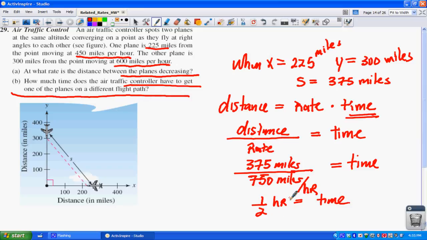Basically, the air traffic controller has a half hour, 30 minutes, to get one of these planes off track, or it's goodbye. They're going to collide right at this point, based on the present rate of each plane, because they're constant, and based on the position where they're at right now. That's how they came up with half an hour.